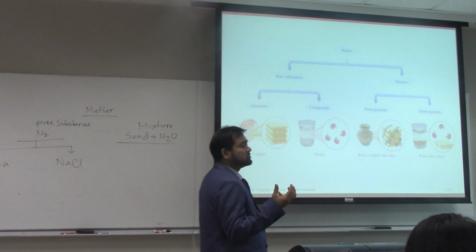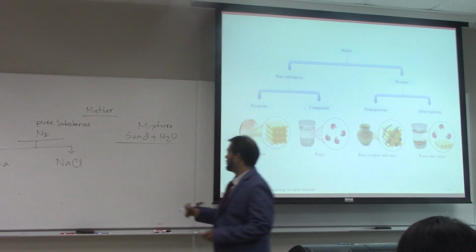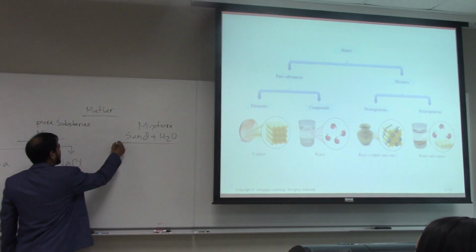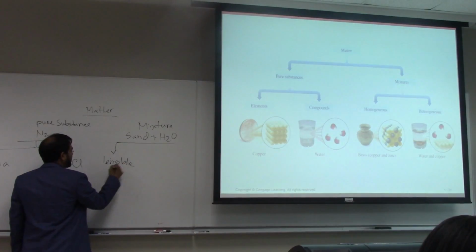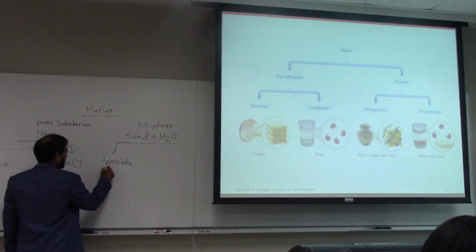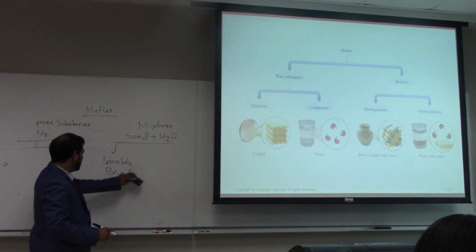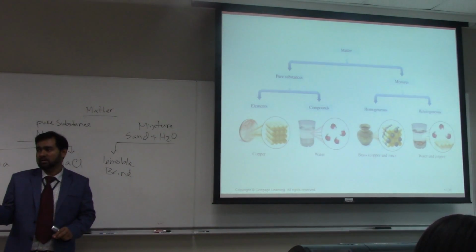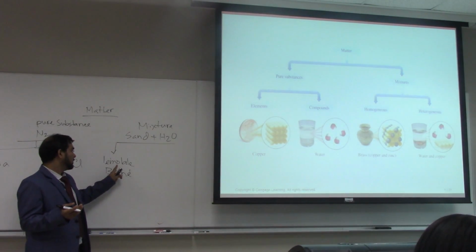That is a homogeneous solution. For instance, lemonade, and brine. Brine is sodium chloride and water. The salt solution is called brine. So, brine, lemonade.